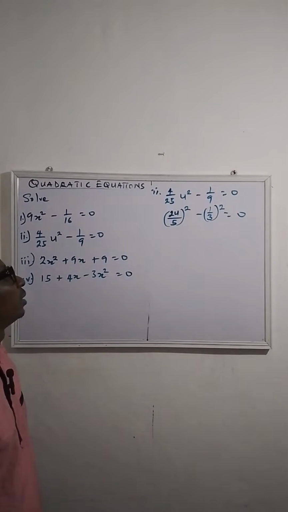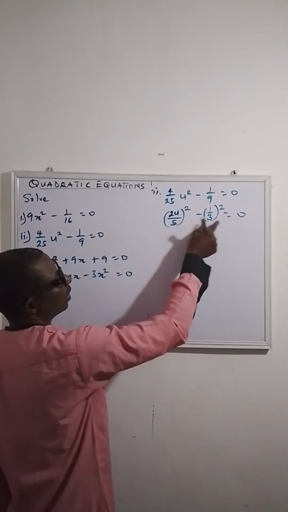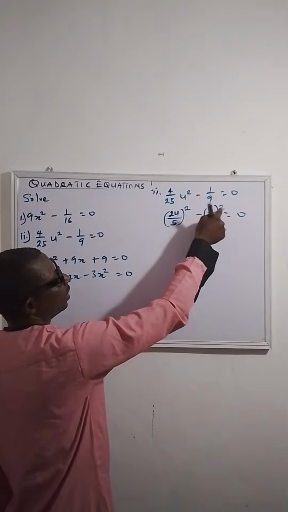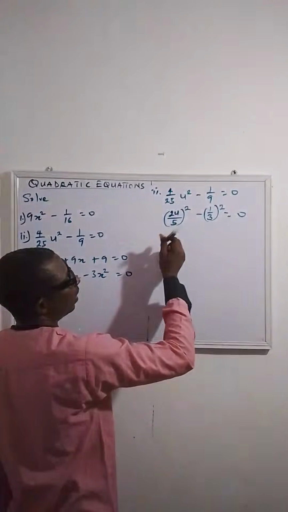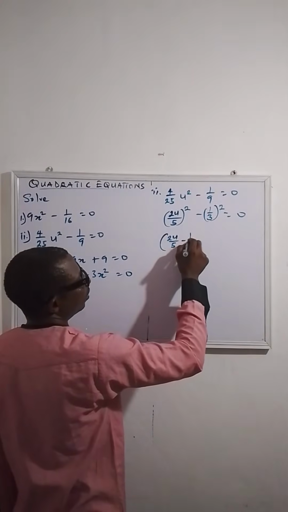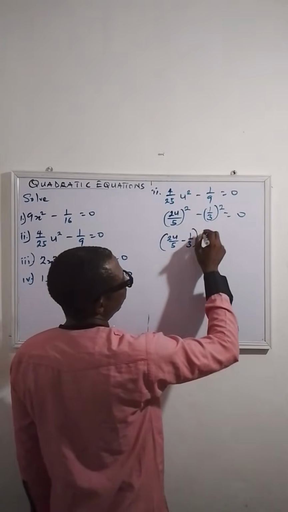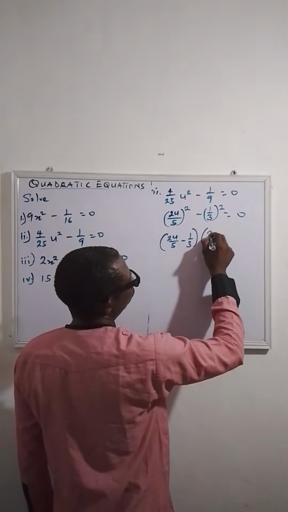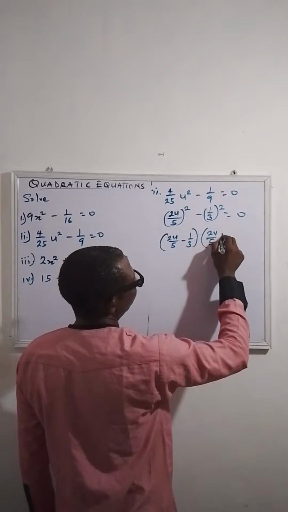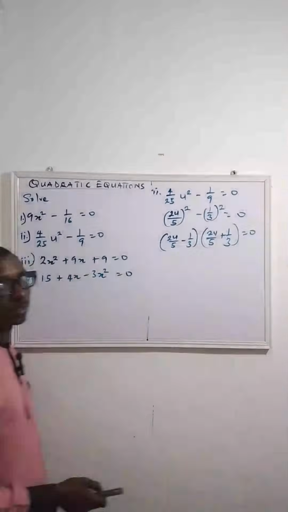Now the next thing is to use the principle of difference of two squares. You can see we have a square here, a square here. So we have 2u over 5 minus 1 over 3 times 2u over 5 plus 1 over 3 equals 0.